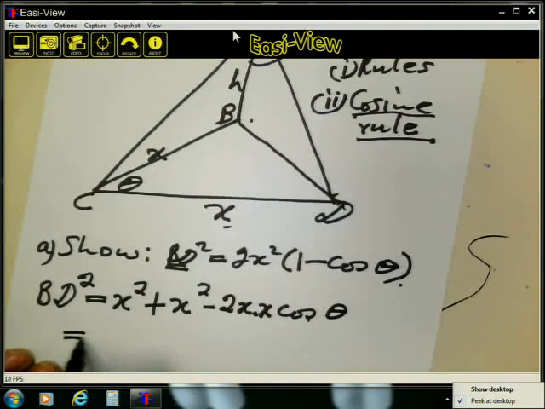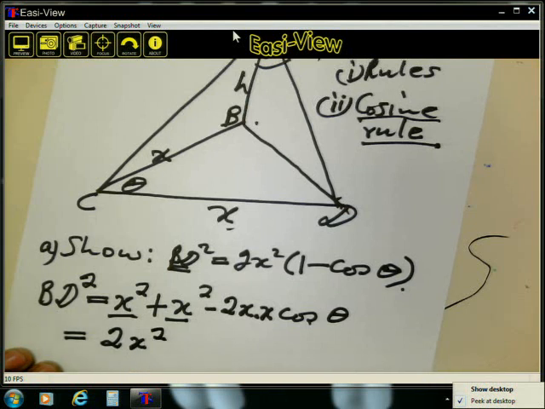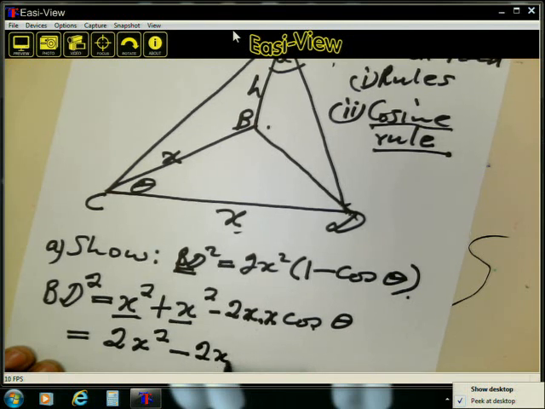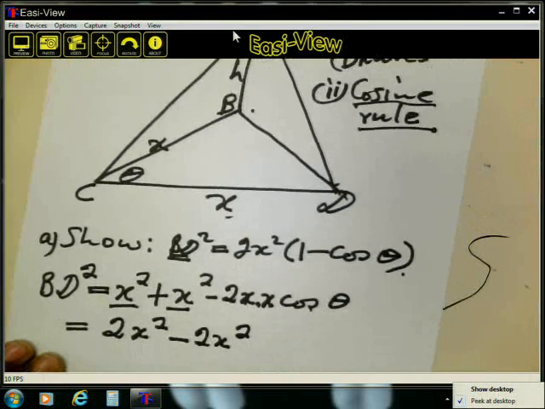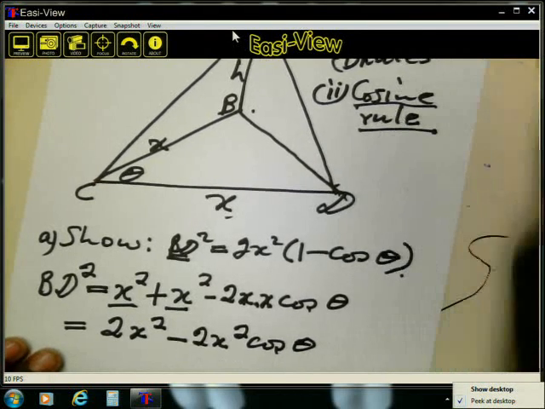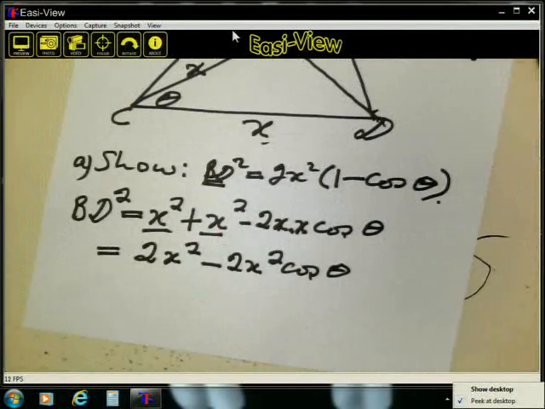But what do you have here? This is 2x squared minus, what do you have? X times x. It is again 2x squared times the cosine of theta. What does your mathematics say?